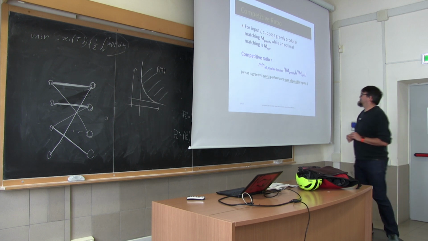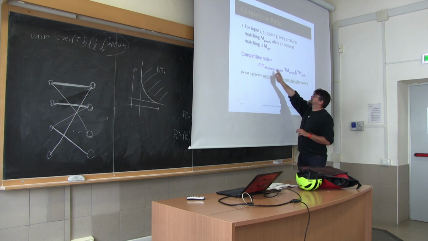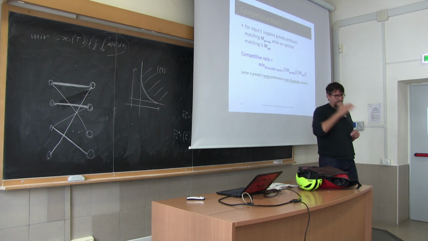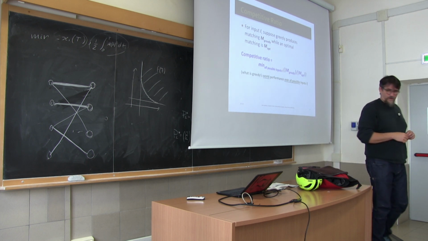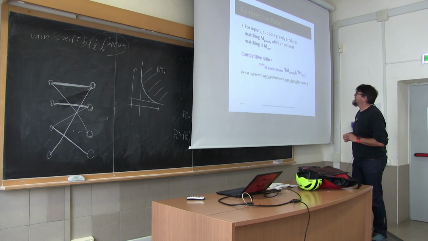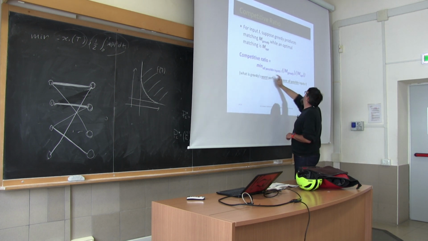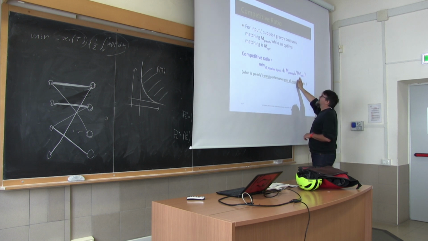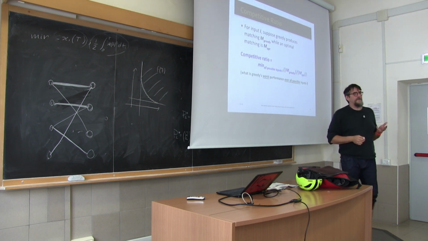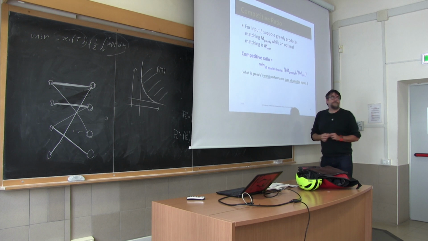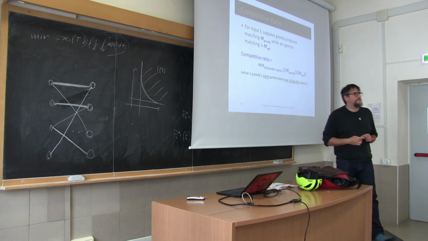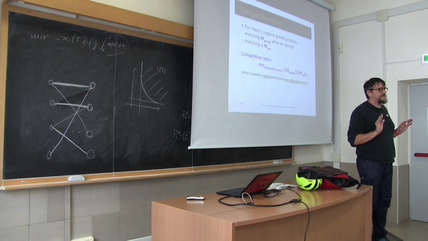And you do this on all possible inputs, so you are not considering only a specific input. The competitive ratio is the minimum, over all inputs, of the performance of our algorithm with respect to the optimum that knows everything. Is this clear?